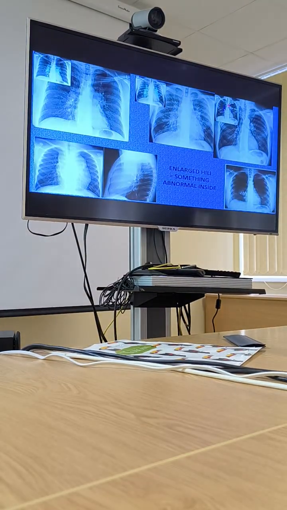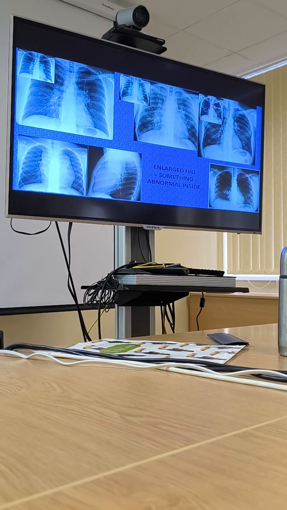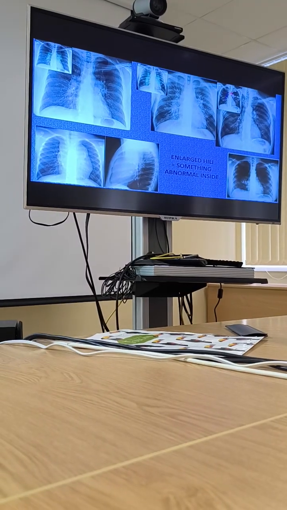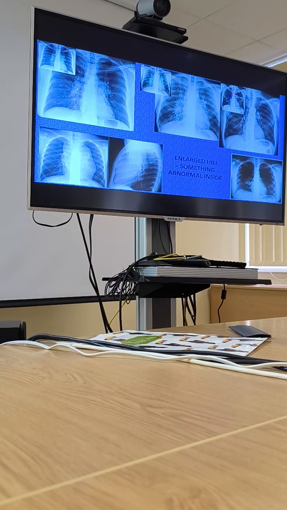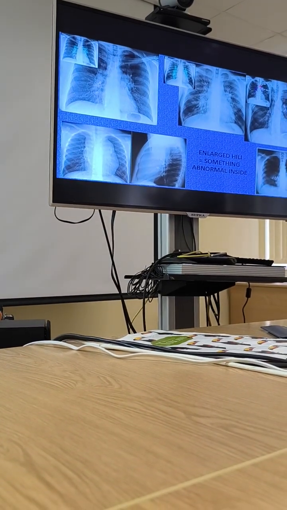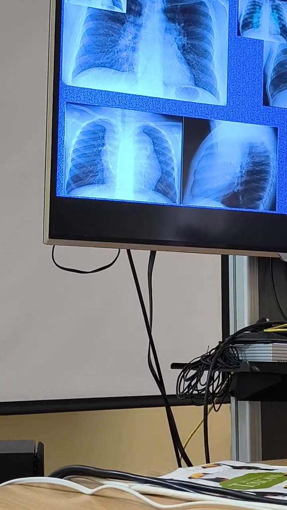So what does it mean? Usually it means that instead of what we usually see in the hilum, the pulmonary artery and bronchus, if we see them enlarged, that means that we see a combination of wide mediastinum and enlarged Healy.